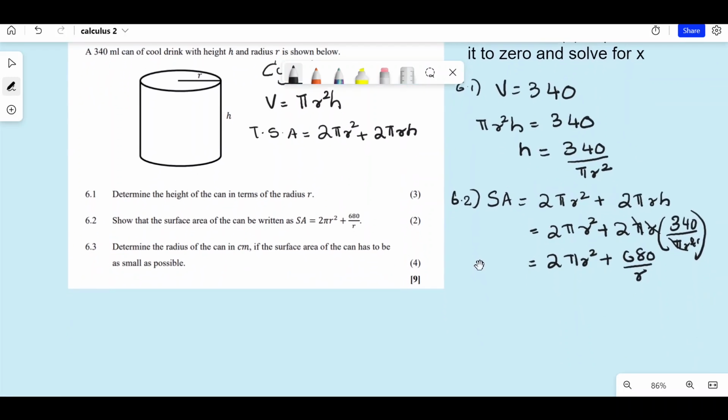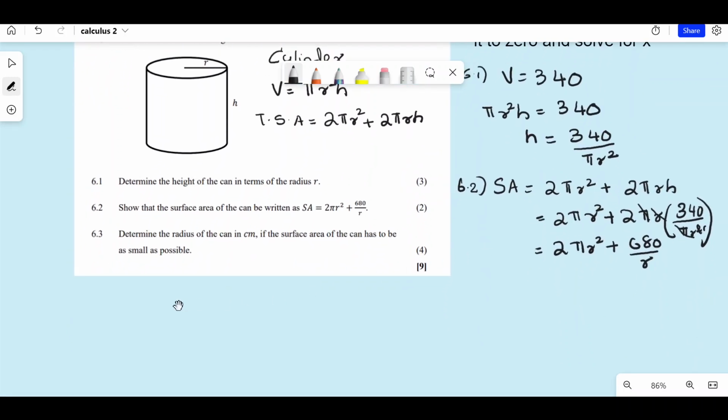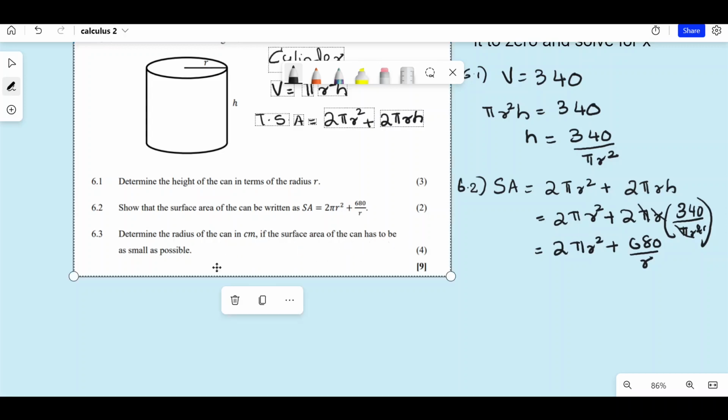Now we are going to the real calculus question, that is 6.3. Determine the radius of the can in centimeter if the surface area of the can has to be as small as possible.